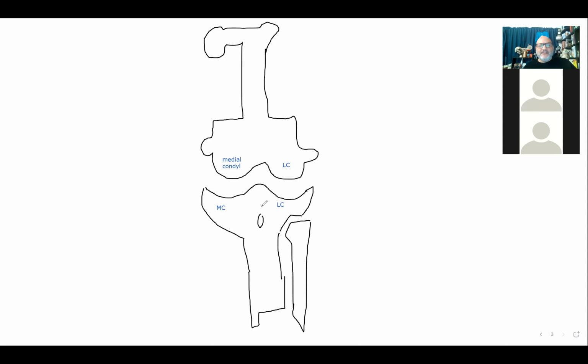So only the tibia and the femur form the joint of the knee. Now, this is a synovial joint, so of course we know both of these surfaces are going to have articular cartilage on them. We know that is a feature.